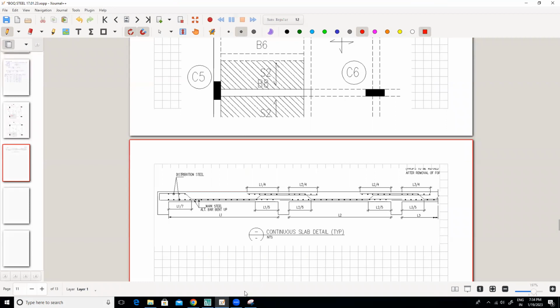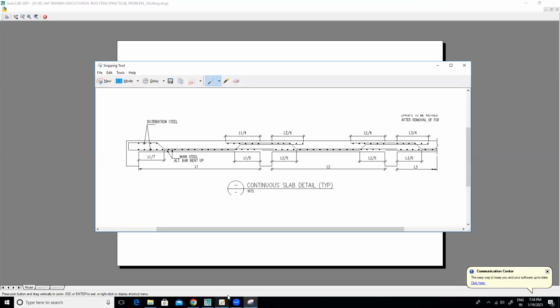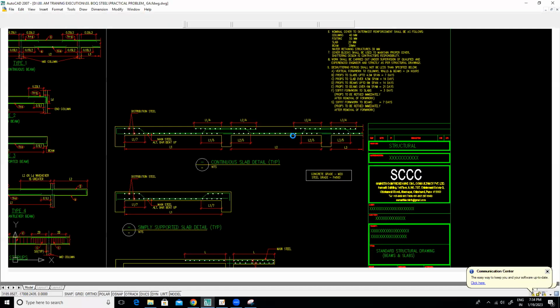This is the continuous slab detail and the other one is simply supported.